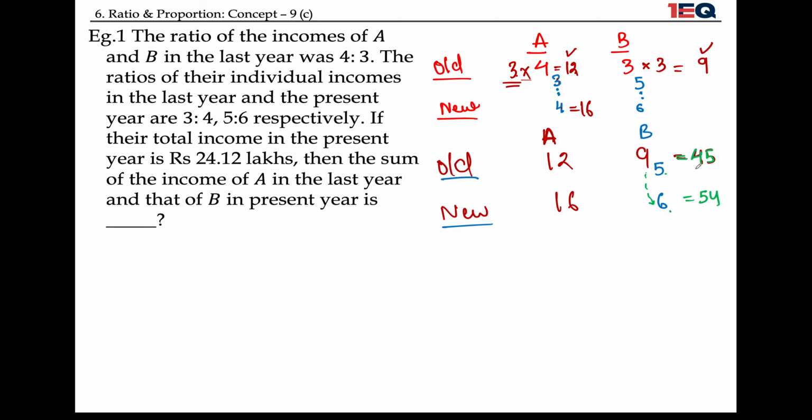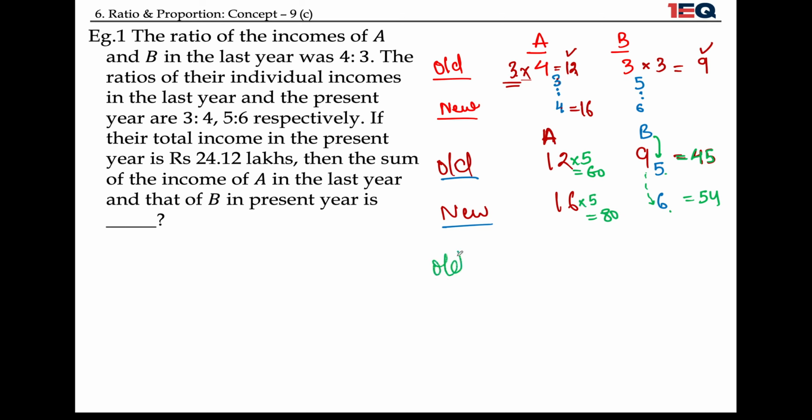Similarly, if 45 has come out to be B's old salary, because it was multiplied by the ratio 5, I would have to multiply A with 5 as well, which would give me A's old salary as 60. If A's old salary was 60, then he has to maintain a ratio between his old salary and his new salary. So I will multiply 16 as well with 5, and it would give me his new salary as 80.